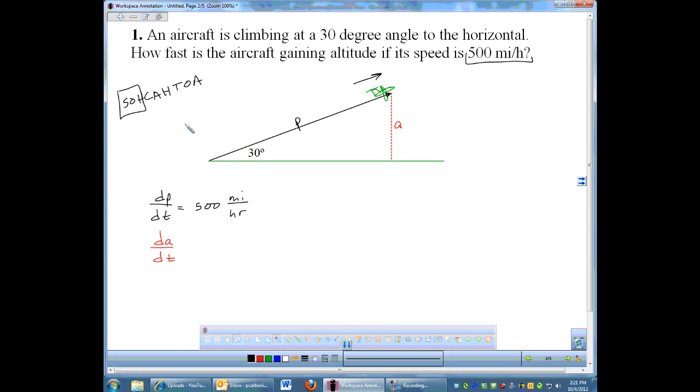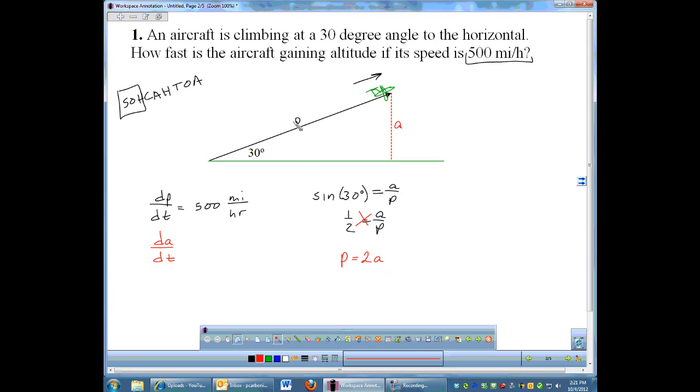So I would say sine of 30 degrees is opposite over hypotenuse. The sine of 30 degrees, that's unit circle stuff, is not 1/3, it would be 1/2. Is A over P.